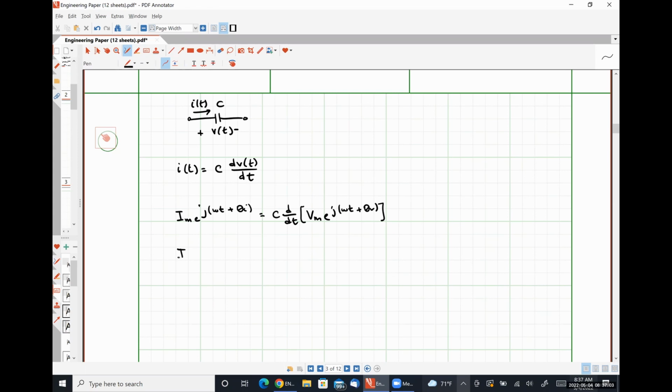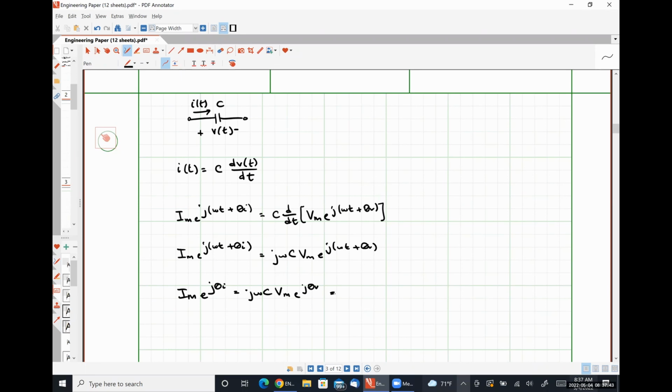And so that's going to give me Im e to the j omega t plus theta I is equal to j omega C Vm e to the j omega t plus theta V, which is the same as Im e to the j theta I is equal to j omega C Vm e to the j theta V.